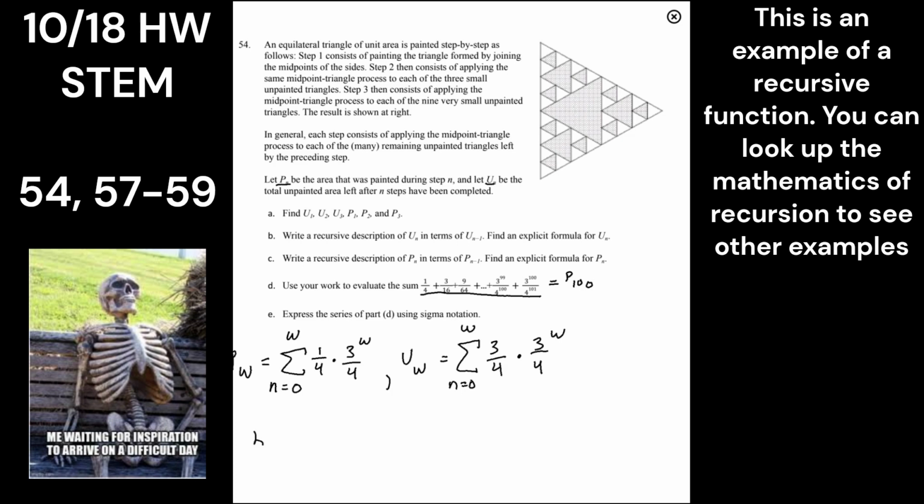B would be u to the n equals u to the n minus 1 times 3/4, when u to the 0 equals 3 over 4, and p to the n would equal p to the n minus 1 times 3 over 4, when p sub 0 equals 1 over 4.